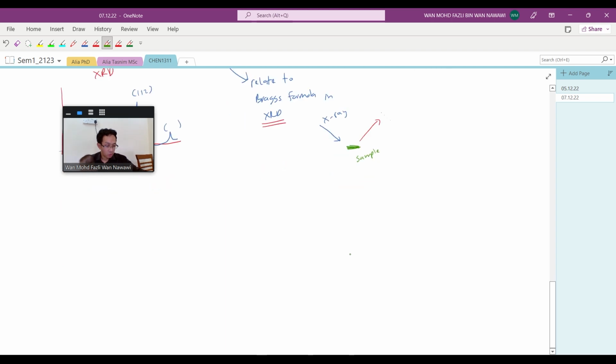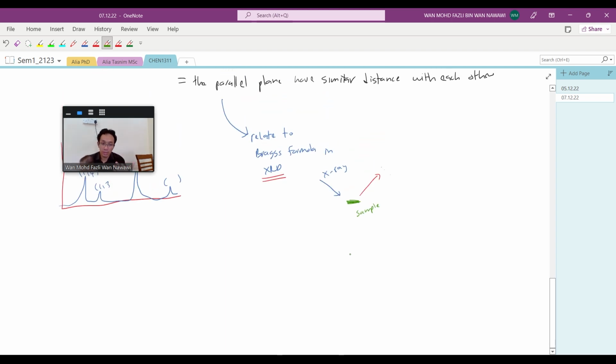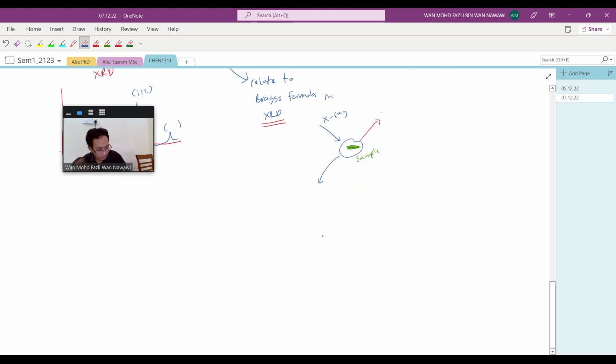Usually we are analyzing a crystalline sample. Imagine the sample has atoms like this, and then there are more atoms, a lot more, and so on.